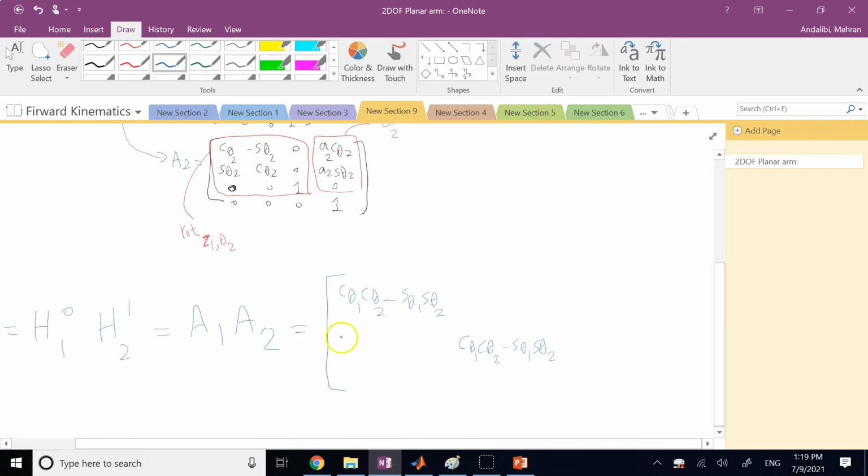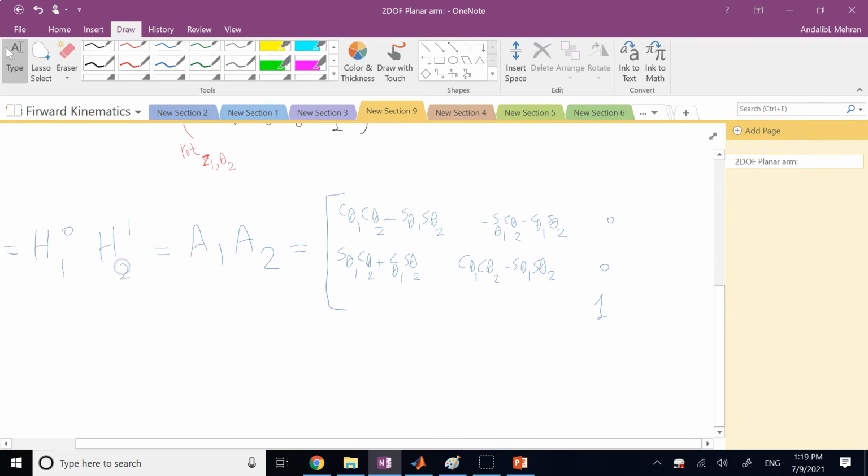What will you get here and here? Here you will get sine theta 1 cosine theta 2 plus cosine theta 1 sine theta 2. And here you get the negative of that. Then you will get a 0, and 1, and then 0, 0, 0, 1.